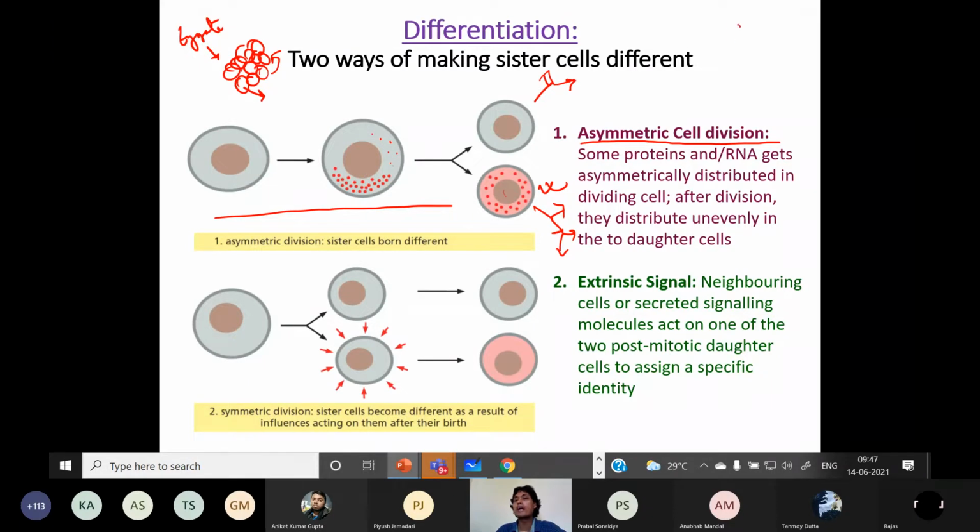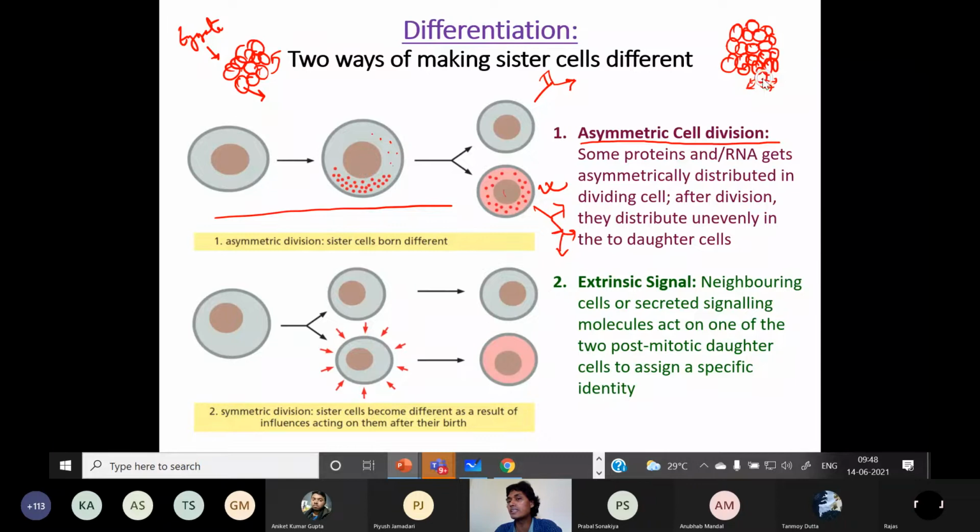So, for example, you have this mass of cells. This is a textbook slide we had before also. Say this cell expresses something that provides the extrinsic signal. It will only convert cells present nearby, like 2, 3, 4 cells nearby.